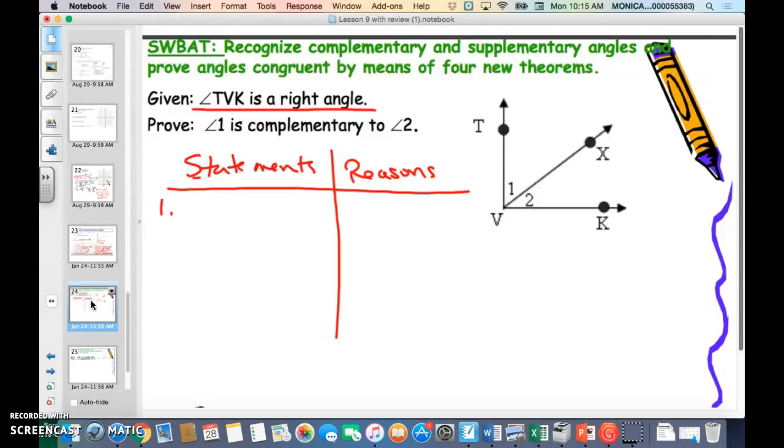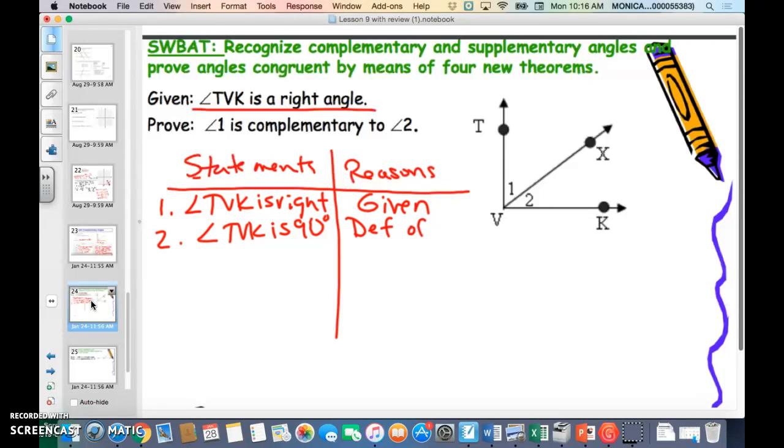Okay, so number 1, angle TVK is right. So this is given. So now we don't have an extra step. So now we can say angle TVK is 90 degrees, and that's definition of right angle.